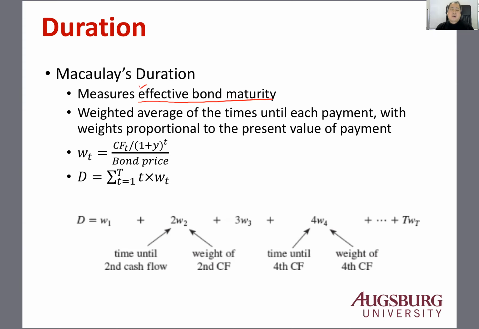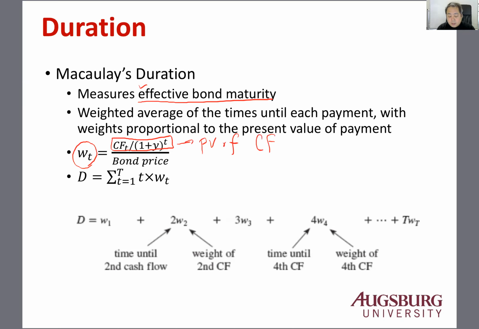So it's hard to understand. When I show how to calculate it, you may be able to understand it better. The weight of each time is the cash flow at T divided by 1 plus y to the Tth, which means this is the present value of each cash flow, right?